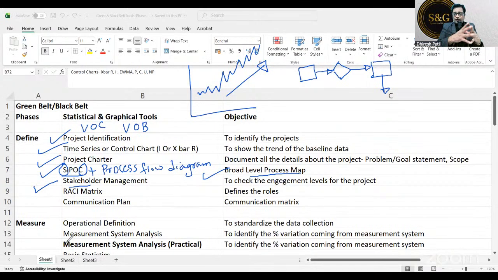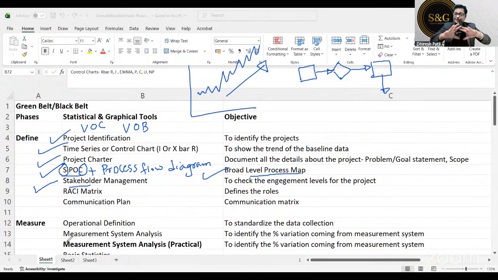So for this much time we have to engage the stakeholders just to get the job done from them. What is their job? What is the project team member's job? Their job is to identify the causes, collect the data, root cause analysis, validation, brainstorming, identify the solution.